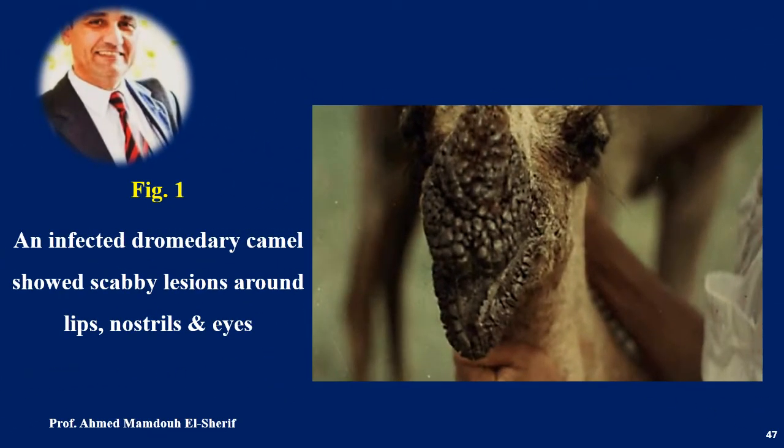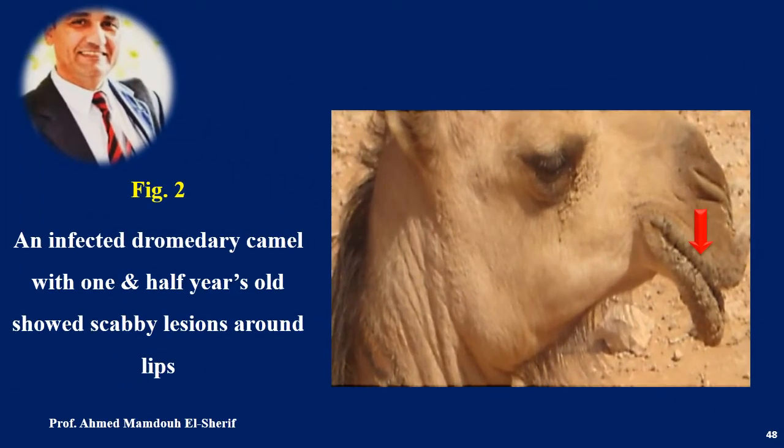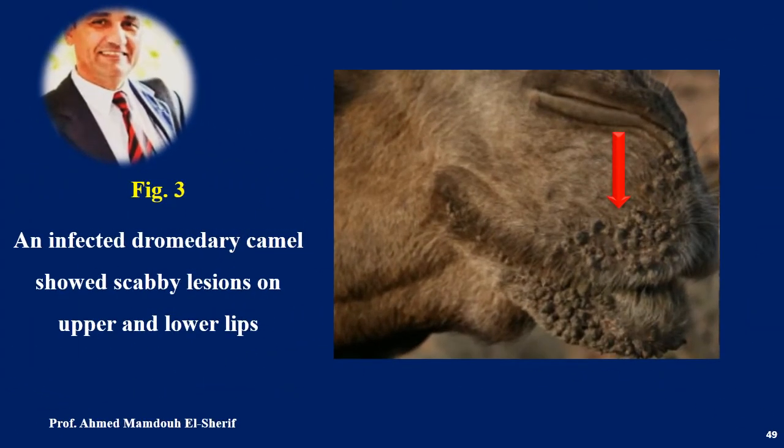Figure number 1. An infected dromedary camel showed scabby lesions around lips, nostrils, and eyes. Figure number 2 of Camel Contagious Ecthyma showed an infected dromedary camel, 1.5 years old, with scabby lesions around lips. Another picture from the Camel Contagious Ecthyma showed an infected dromedary camel with scabby lesions in the upper and lower leg.